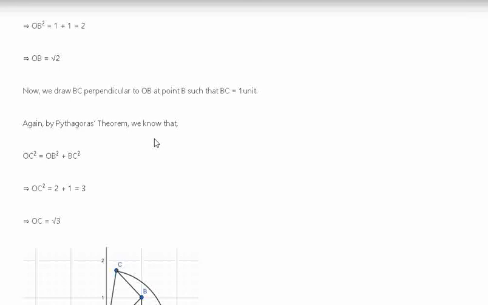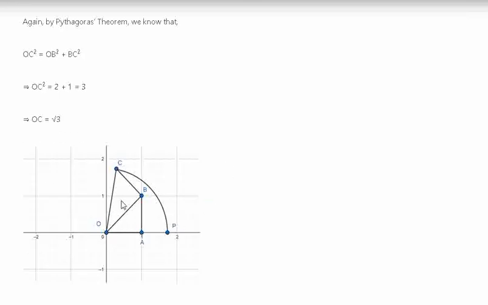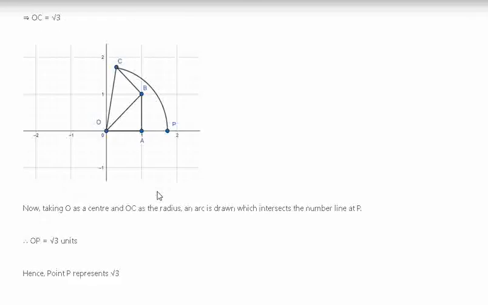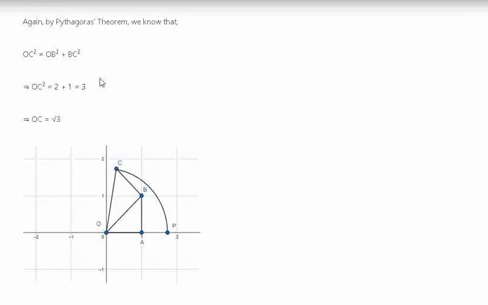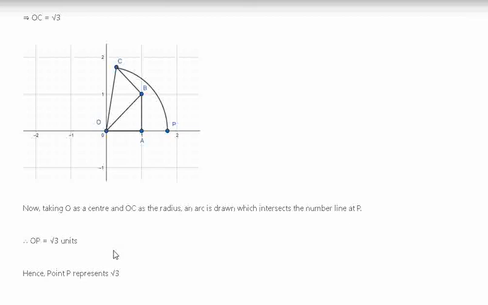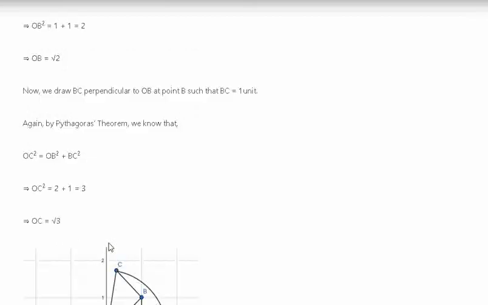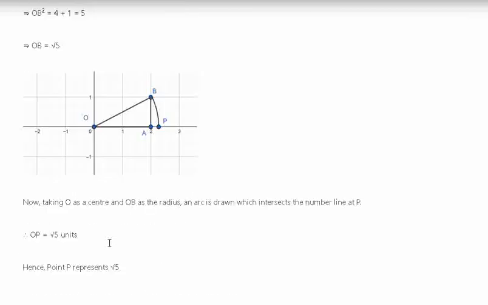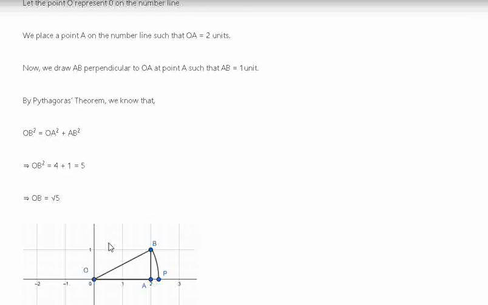Again, by the Pythagoras theorem, base square plus perpendicular square equals hypotenuse square. This is OC, the hypotenuse, so 2 plus 1 equals 3. So we have a clear image of the number line and it is very easy to deal with this kind of problem.